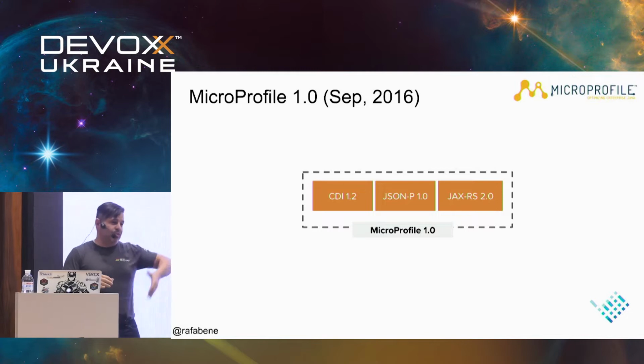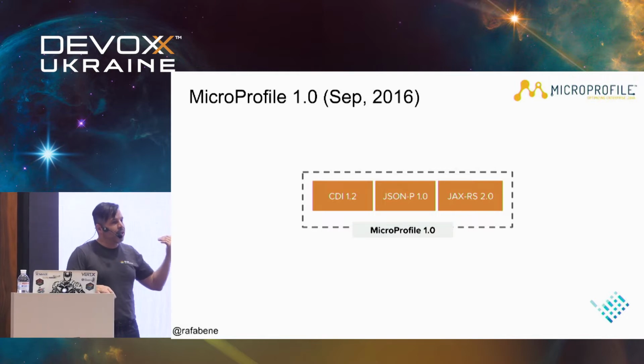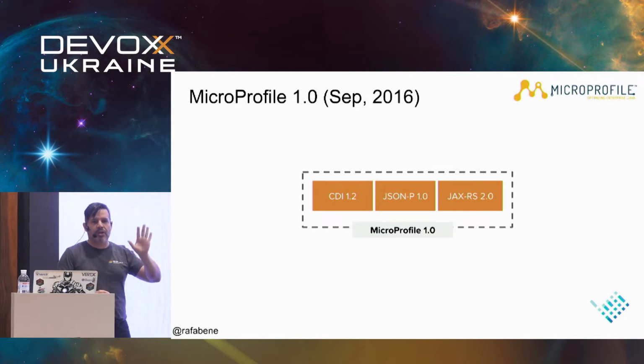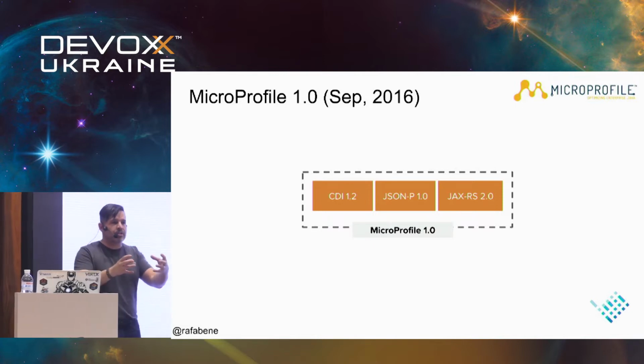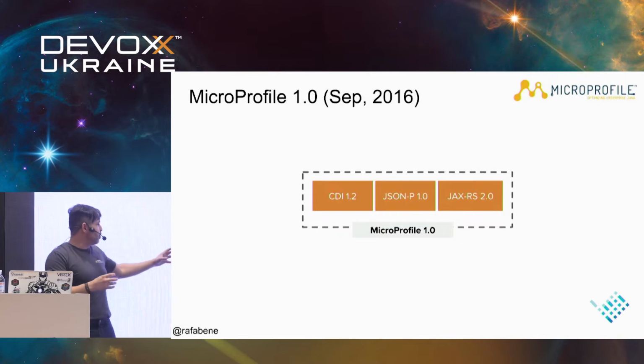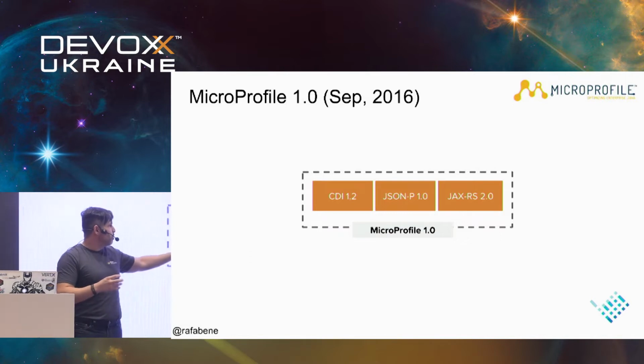Then two years ago, during JavaOne, they released the first implementation. They called it MicroProfile 1.0. That's really simple. They just took the CDI specification, the JSON-P specification, and the JAX-RS specification, and released them as MicroProfile 1.0.